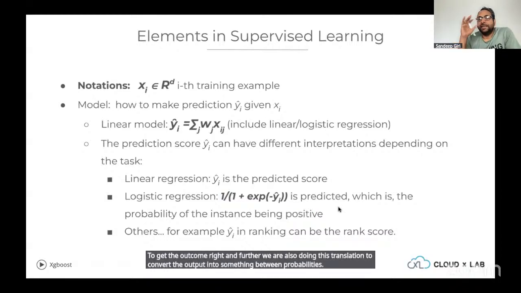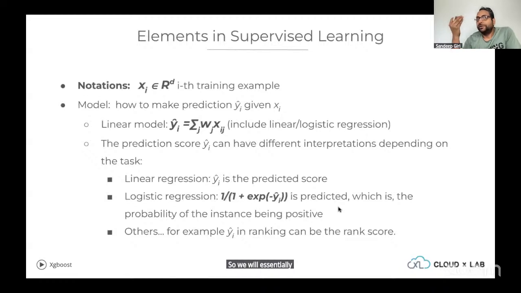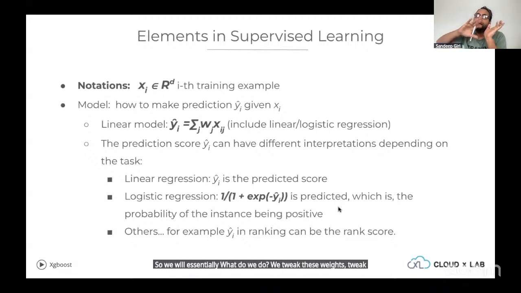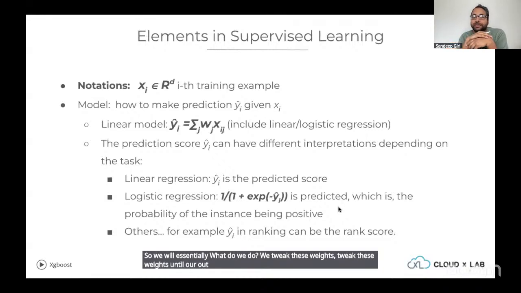So we tweak these weights until our outcome starts matching the expected outcome.